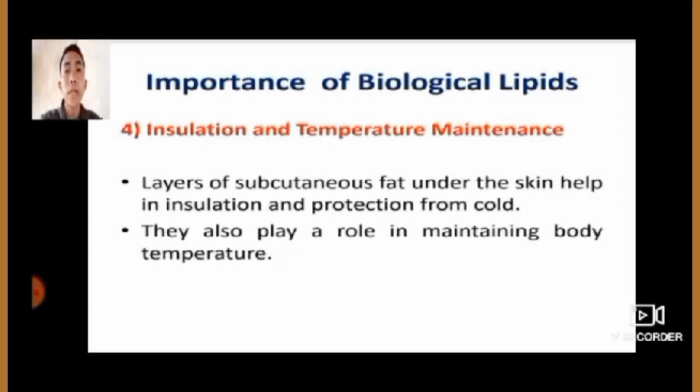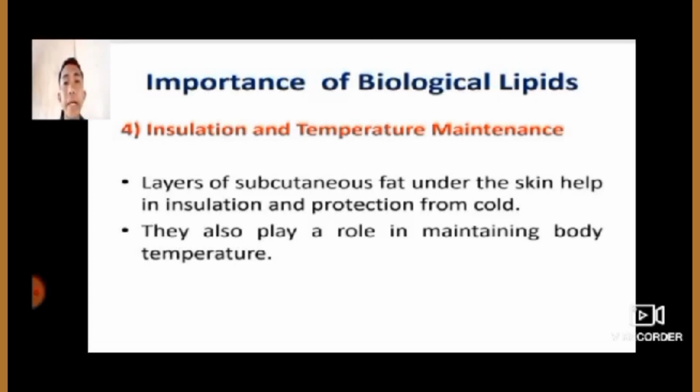Okay, so the next importance of biological lipids is insulation and temperature maintenance. A layer of subcutaneous fat under the skin helps with insulation and protection from cold. They also play a role in maintaining body temperature. My explanation is that the subcutaneous fat, which consists mainly of biological lipids such as triglycerides, acts as an insulating layer under the skin.